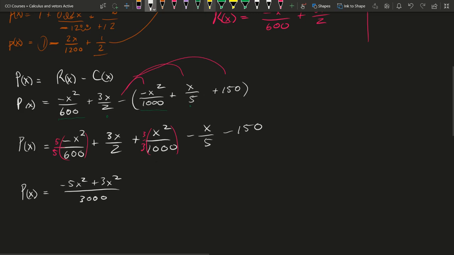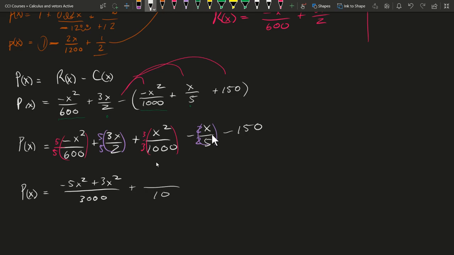Now this one, I'll do this in purple, just for fun. I'm going to multiply this by 2 over 2, and this one by 5 over 5, giving me a common denominator of 10. And this turns out to be 15x minus 2x.